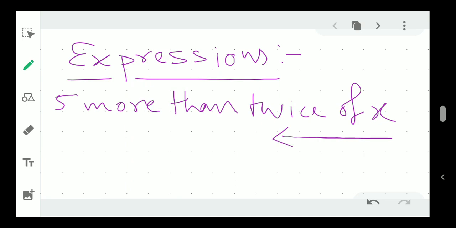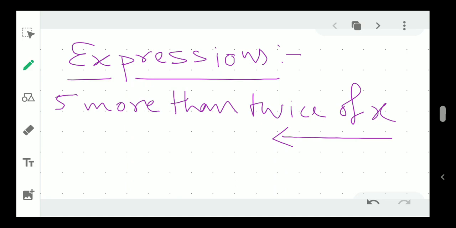In word problems you will mainly have conditions, and in the conditions you have to come from the right side, from the last.